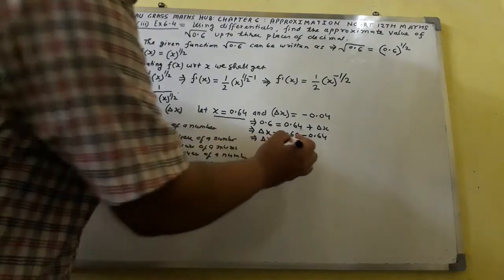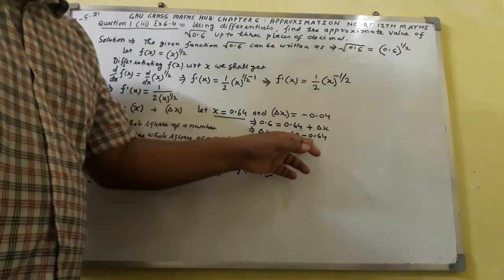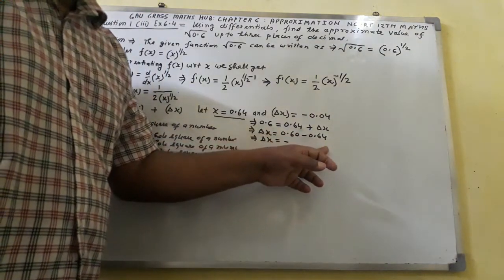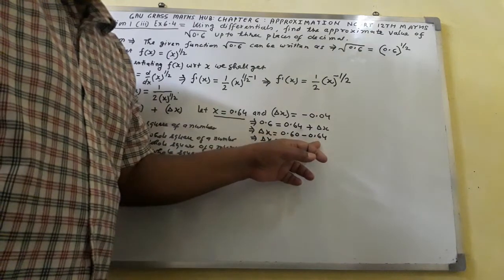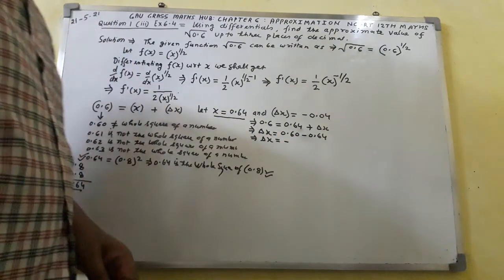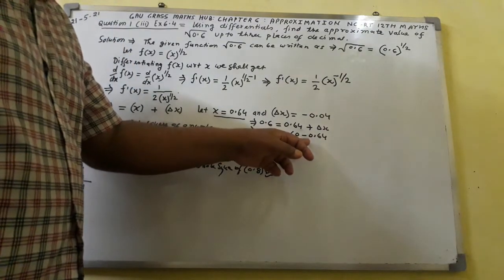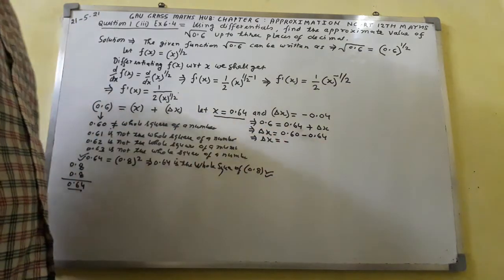So do the operation. Which one is greater? 0.64 will be the greater value, so the sign will be of 0.64. So here I shall write minus.